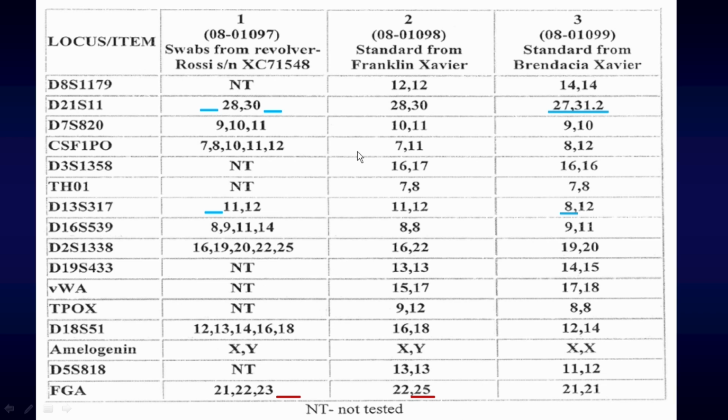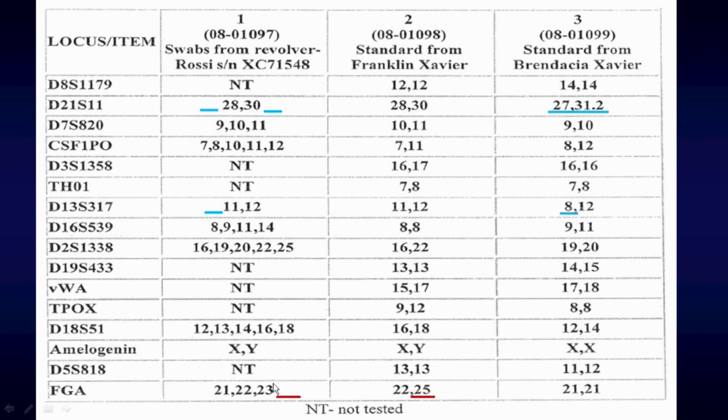She's missing 2 alleles. Well, she has 2 alleles that are missing from the revolver at this locus, and another allele that's missing from the revolver at this locus. I would say we don't need to do a CPI at all, right? We can save ourselves a lot of work here by simply saying both of these individuals are excluded as possible contributors. You know what the testing laboratory did in this particular case? It's not that uncommon a practice.